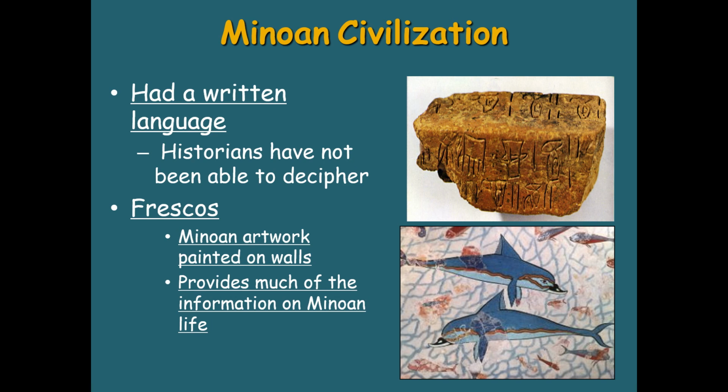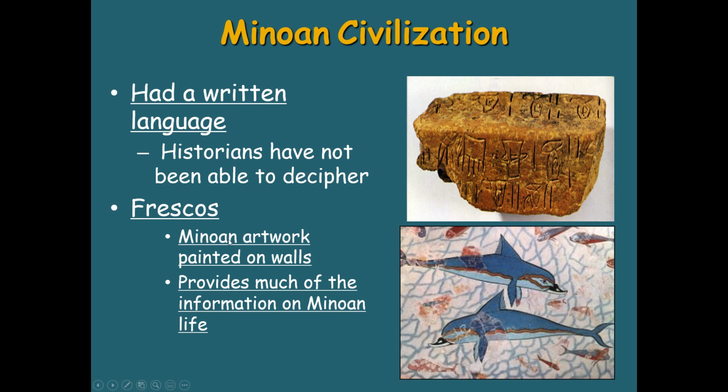Therefore, we were not able to learn more about the Minoan civilization by studying their written record. So we can only depend entirely on the historical relics as well as the frescoes found in the palace for information about the Minoan civilization.